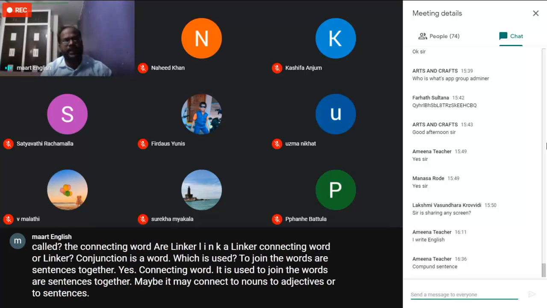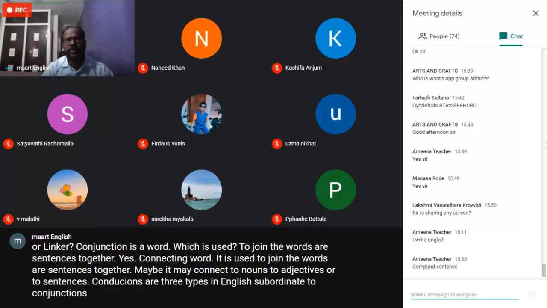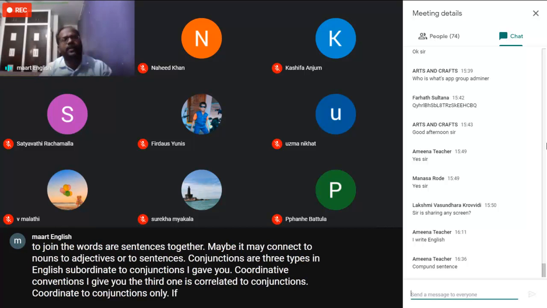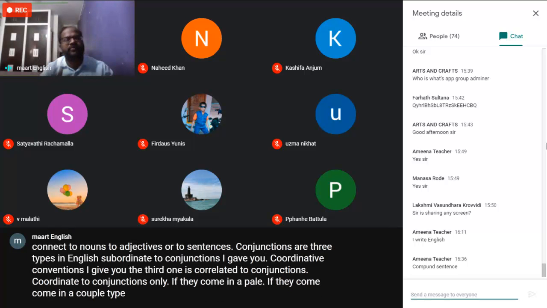Conjunctions are 3 types in English. Subordinative conjunctions, I gave you. Coordinative conjunctions, I gave you. The third one is correlative conjunctions. If coordinative conjunctions come in a pair, in a couple, then they can be called correlative conjunctions.